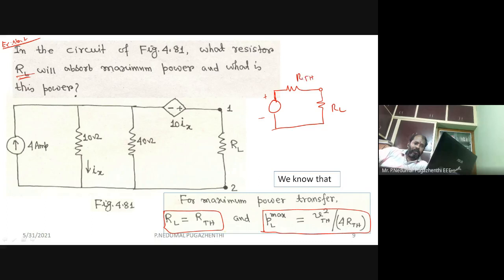So I have to find RThevenin and VThevenin. Since this is not a simple work to calculate RThevenin just like that, I will find the open circuit voltage, VThevenin, and the short circuit current ISC, and by the ratio of VThevenin by the short circuit current, I will find my RThevenin.